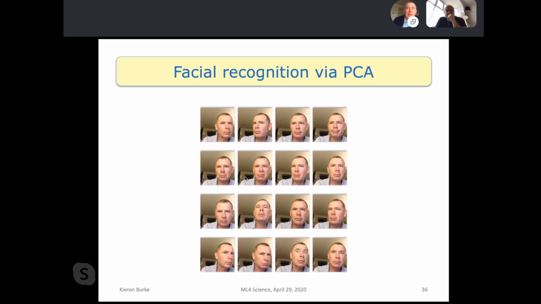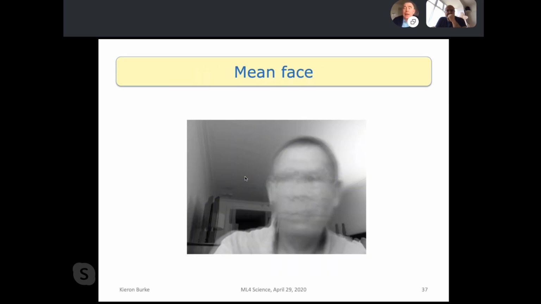So we take these 16 images of me, right? And then we average them, right? So this is my mean face, meaning my average face, right? And then you do a principal component analysis. You just look in what direction is the most variation in the data, and you look at these different directions, the most, the next most, and so forth, and express each image in the basis of these vectors.